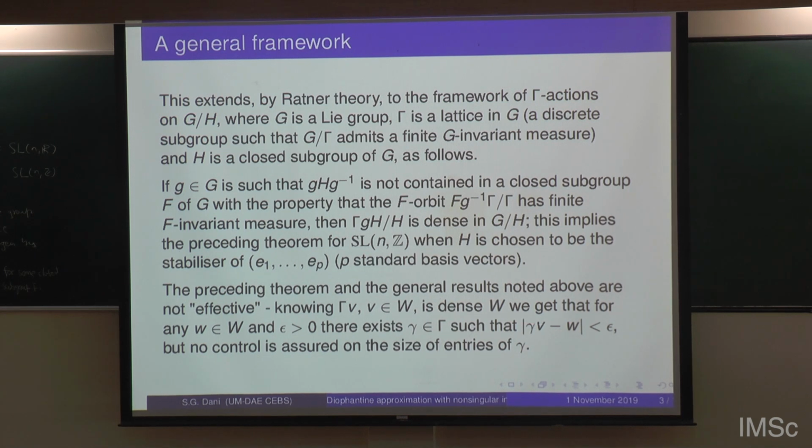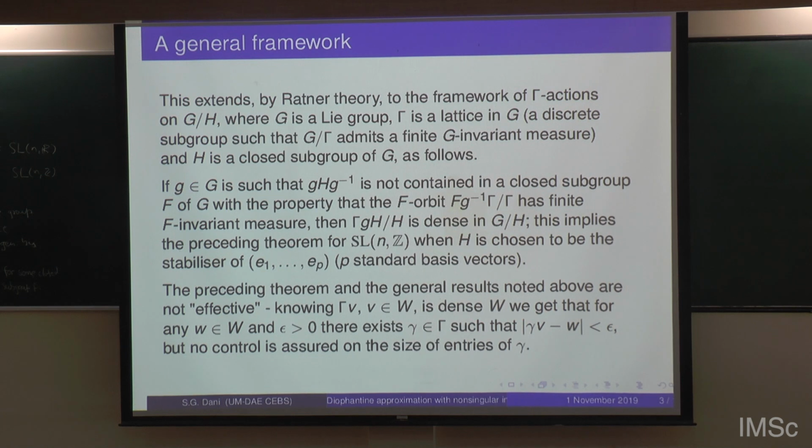Okay, we only know. So what does it mean? In the case of the theorem, for instance, when I take a tuple from W, say V, and suppose I know that the condition is fulfilled, so I know that Gamma V is dense. What does it mean?